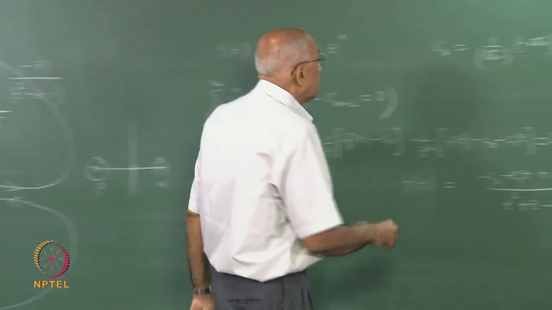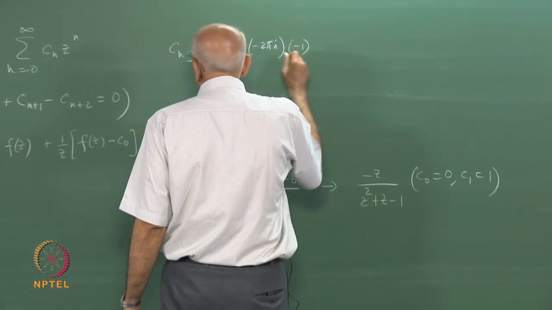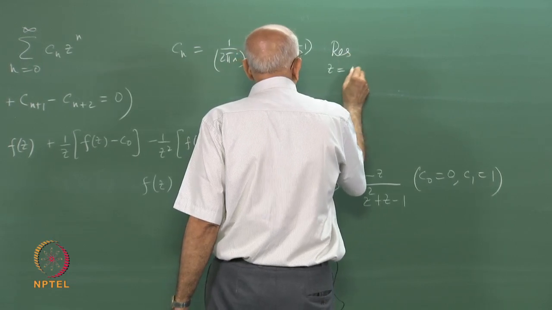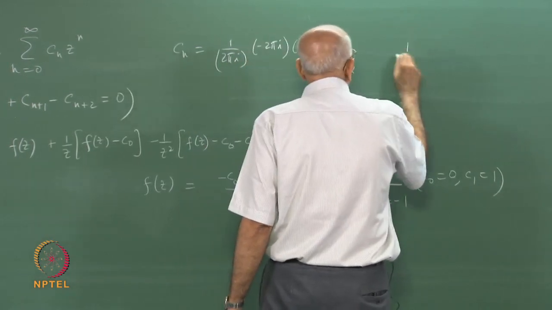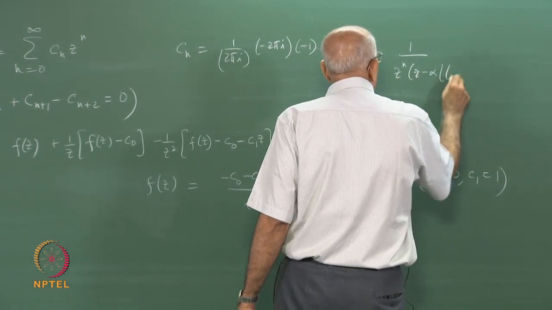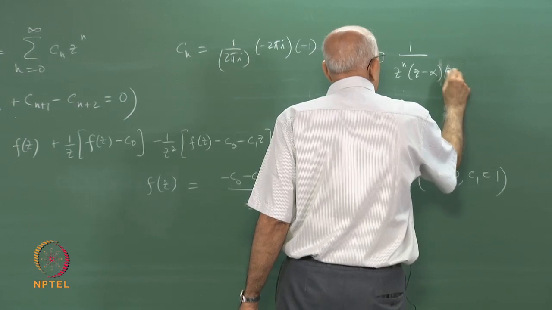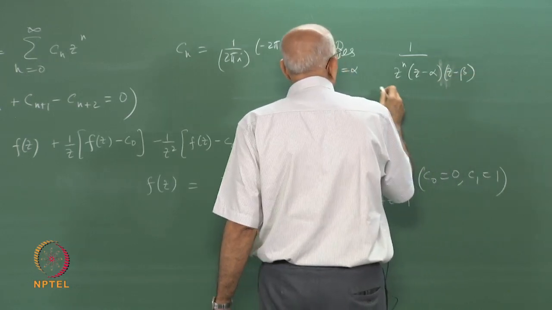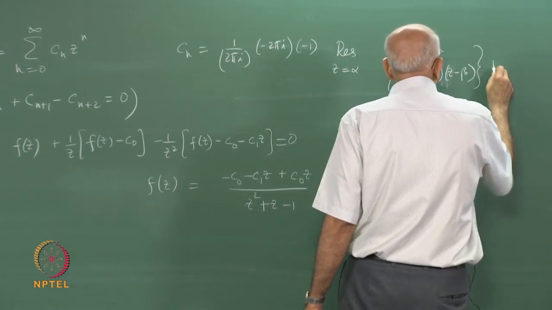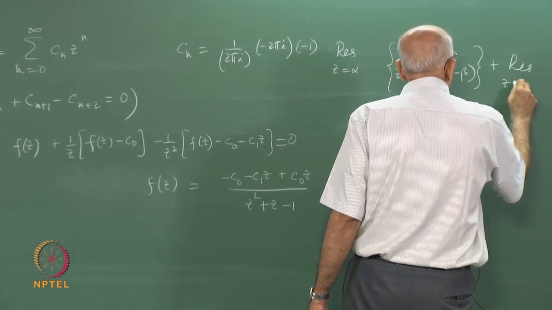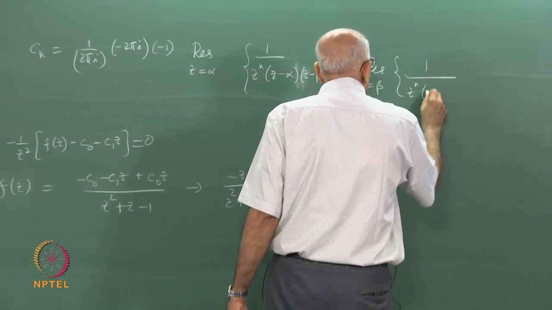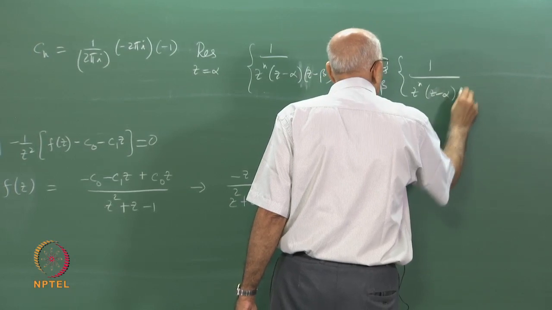So really there is a minus 1, and then it is the residue at z equal to alpha of the function 1 over z to the n, z minus alpha, times z minus beta, plus the residue at z equal to beta of the same thing, 1 over z to the n, z minus alpha, z minus beta.